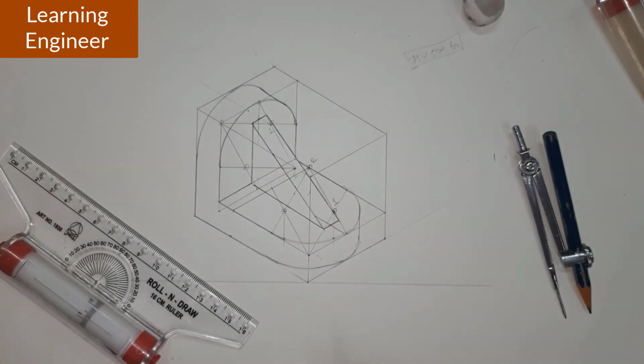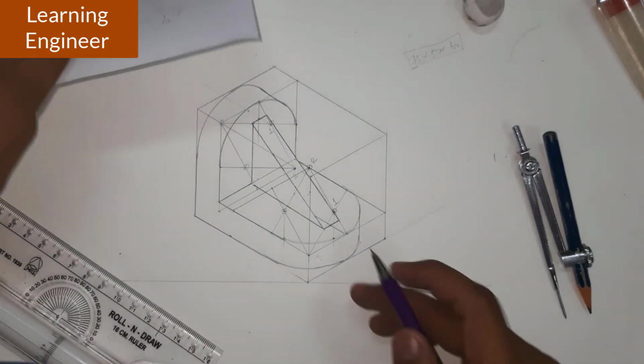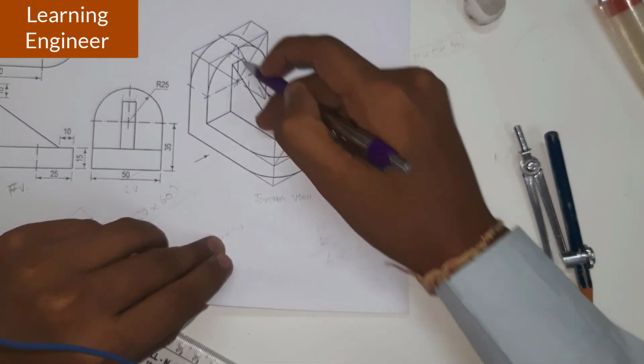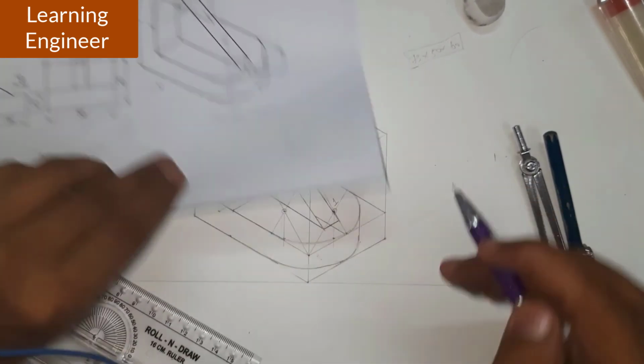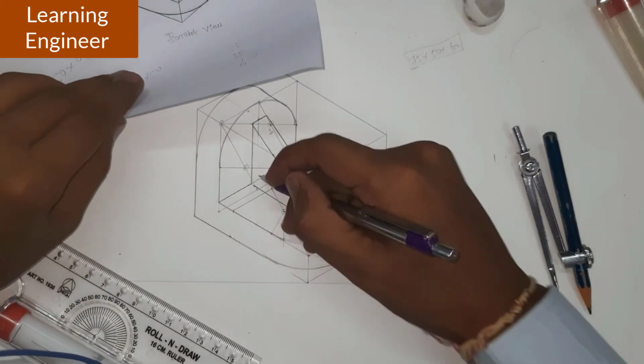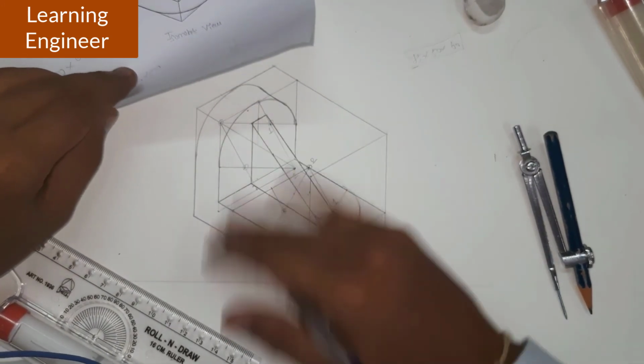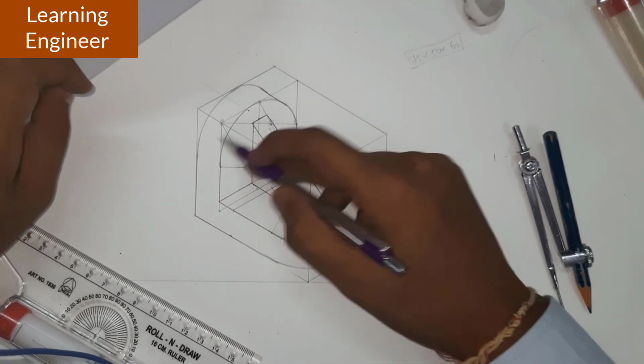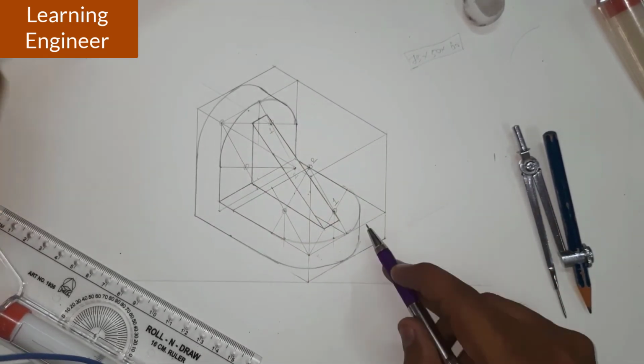So this is how we have completed that web part. This particular web part we have completed. You can see this particular part, and we have completed this particular surface and this particular surface.